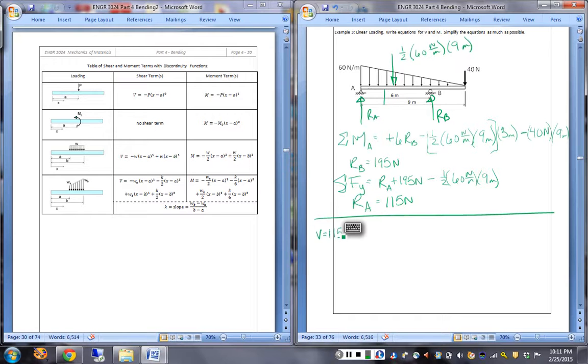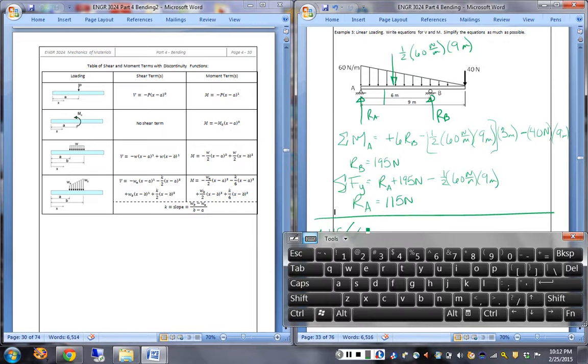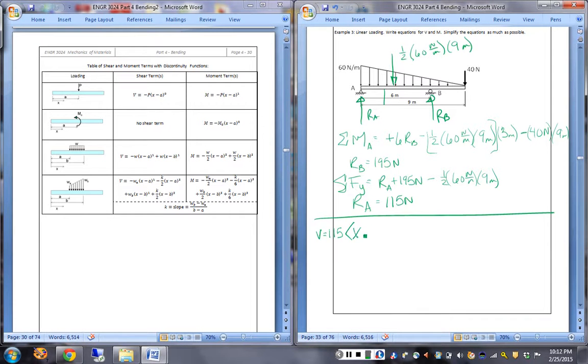So writing the shear equation, we need a plus 115 times x minus A. For the reaction at A, that's active at x equals 0, and that gets an exponent of 0. Now we have to go into the bottom row of the table for the linear distributed load.